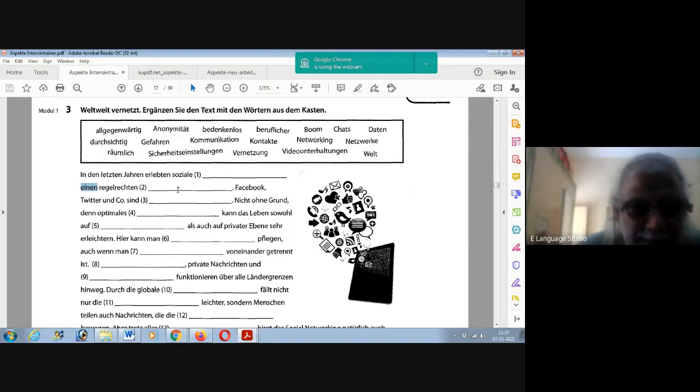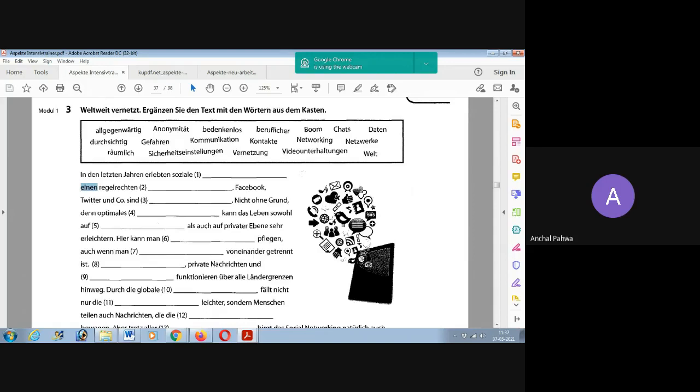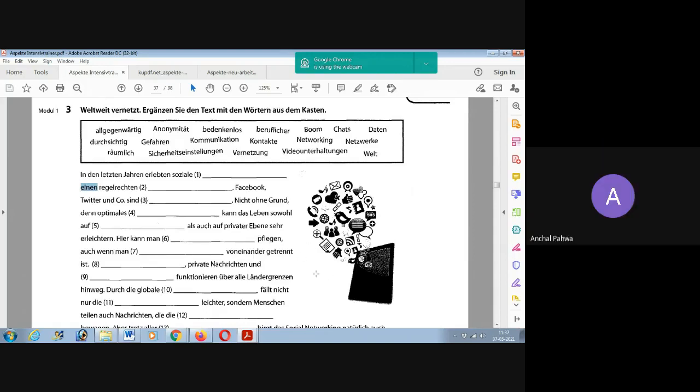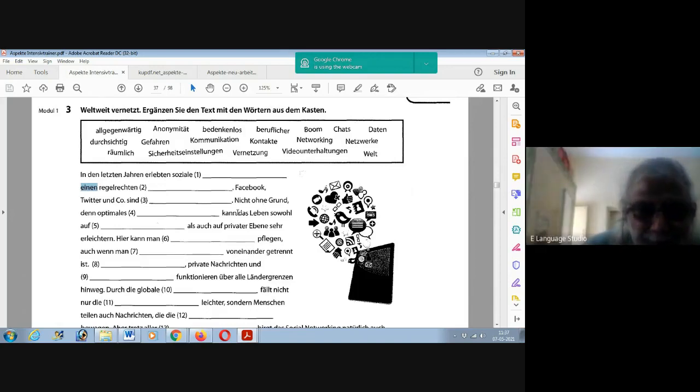So obviously, this is something to do with networking and social something, and the picture also shows you. The picture here. So Facebook, Twitter und Co.